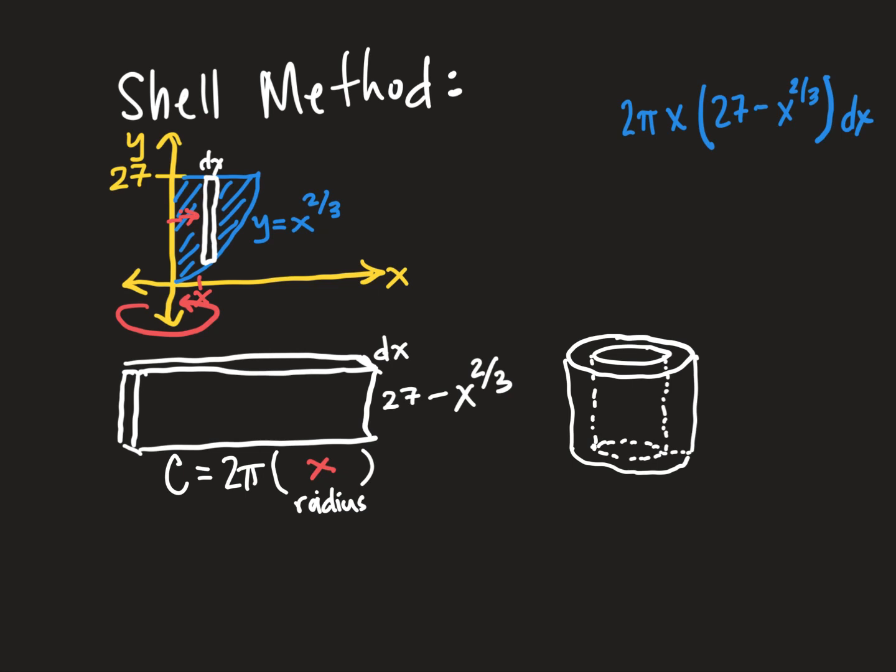But to find the total volume, we need to add up the accumulation of all of these little typical rectangles generated throughout the region. So that's where the integration comes in. It is the summation of all of those.